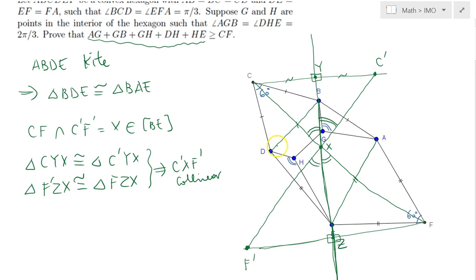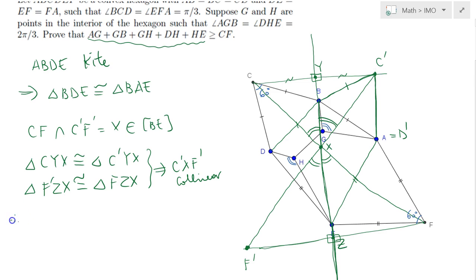So in that sense, D is a reflection of A across that symmetry axis, or A is a reflection of D across the symmetry axis. As a result, first of all, BC prime is equal to BC, but BD is also equal to BA. So as a result, we preserve the equilateral triangle.